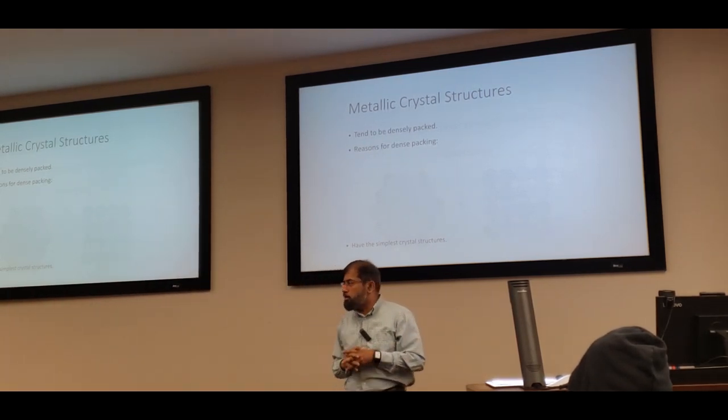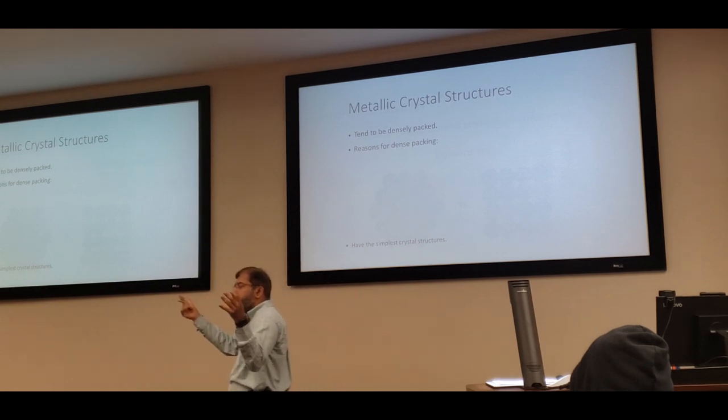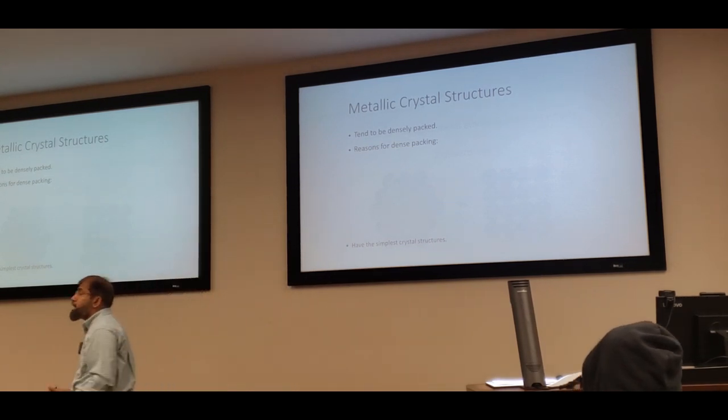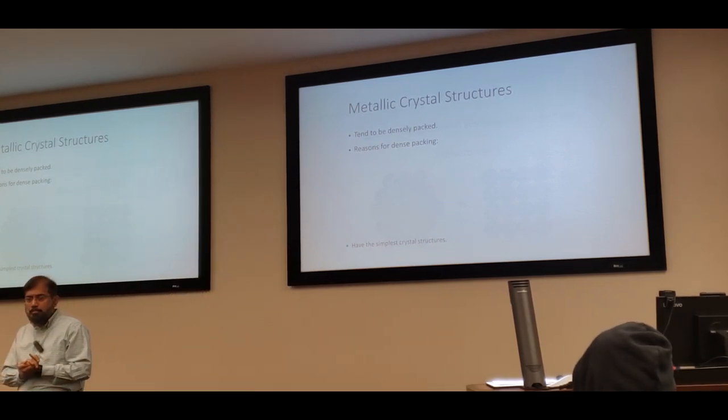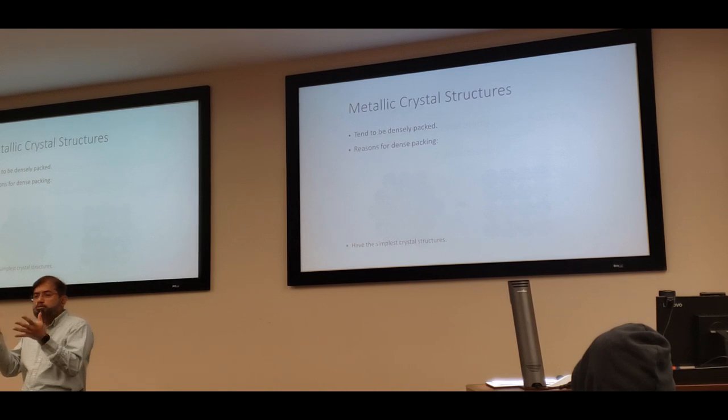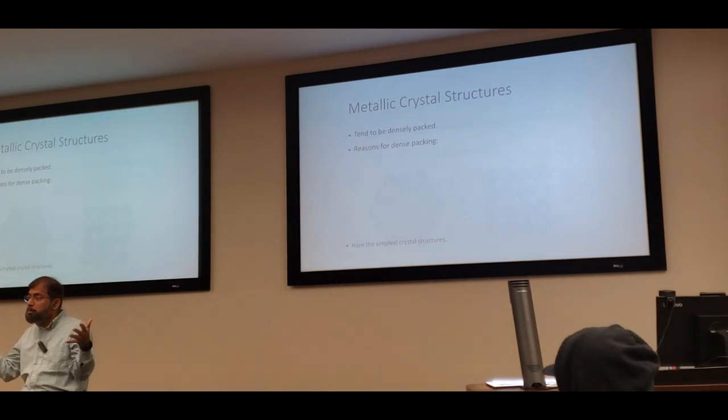So which means that in these metals you can see a close packing. Why are atoms close packed in these metals? Because to minimize the energy. Whenever there is order, the energy is minimum, right?